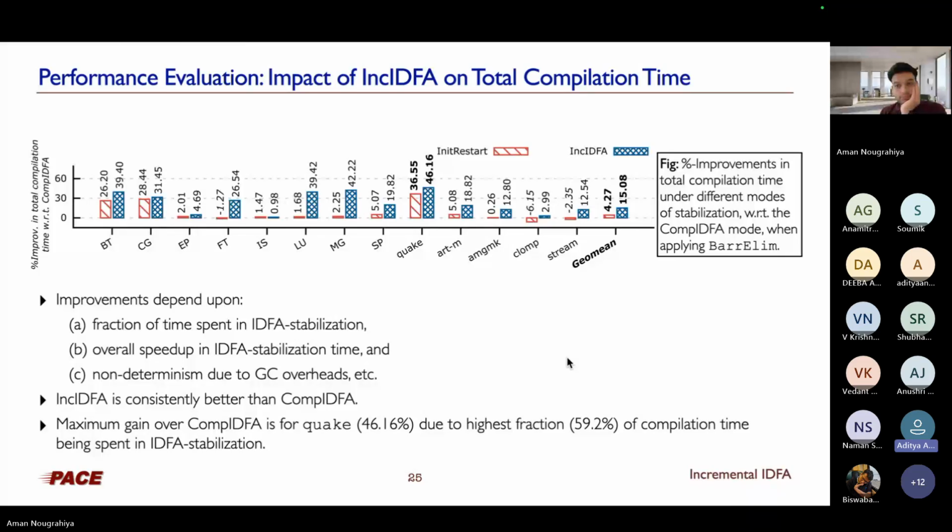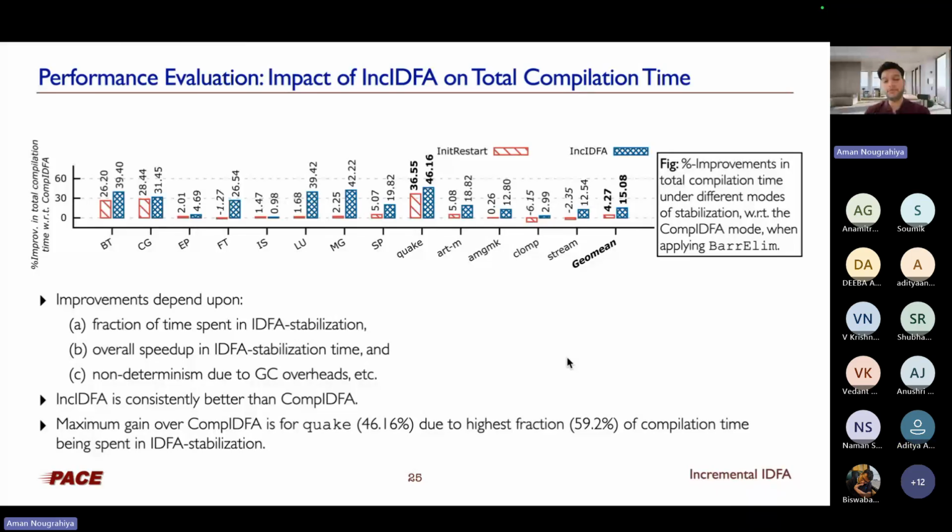Because if you're doing comp IDFA, the analysis has the entire information about your program, so the analysis would be much more precise and sound. It's the baseline ground truth. Have you done that comparison as well?